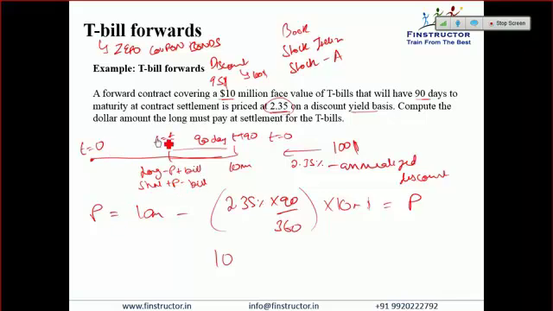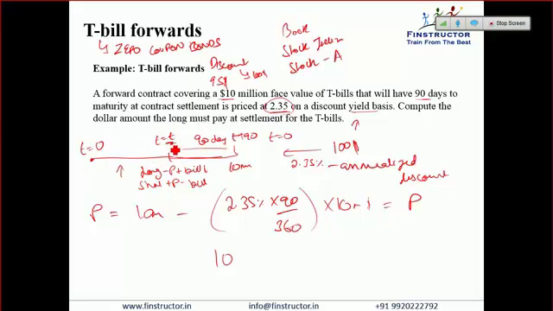Now when this maturity actually happens, and the time to maturity is not given, if interest rates go up, then the discount basis may go up. That is, the actual price of the bill may come down and the short may gain.